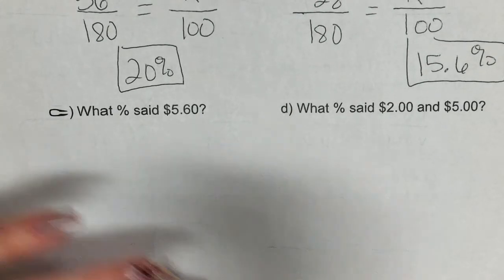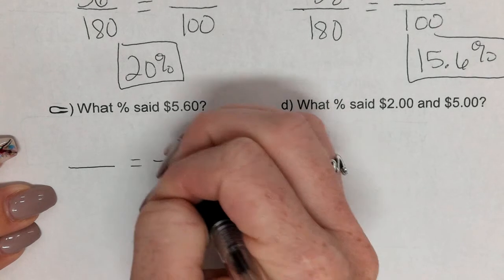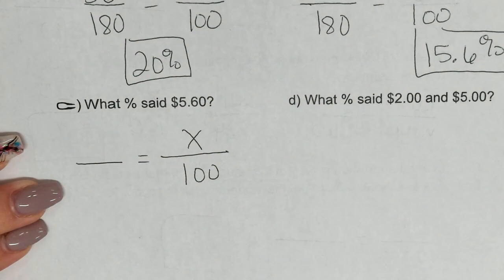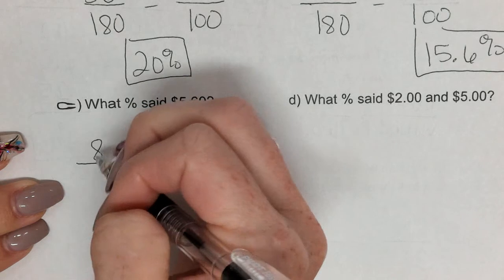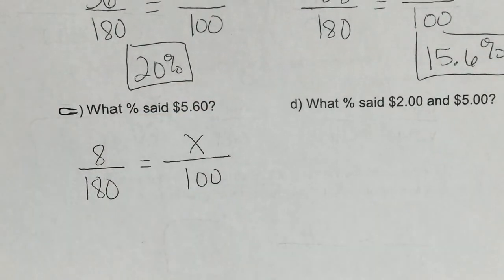Okay, try the next one. You should have put 8 over 180 equals x over 100.